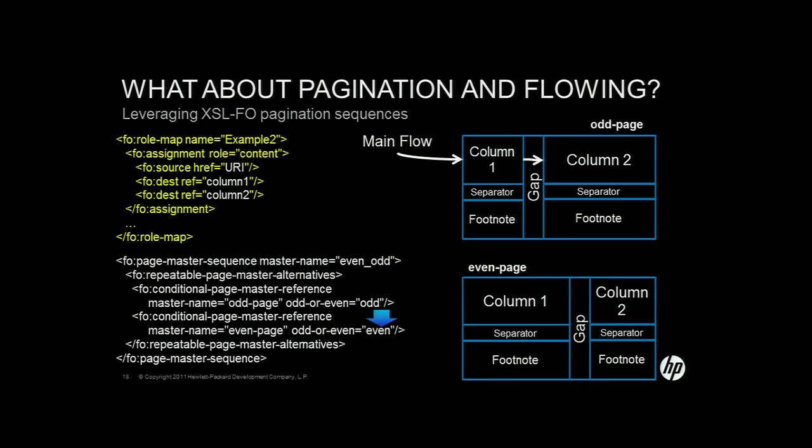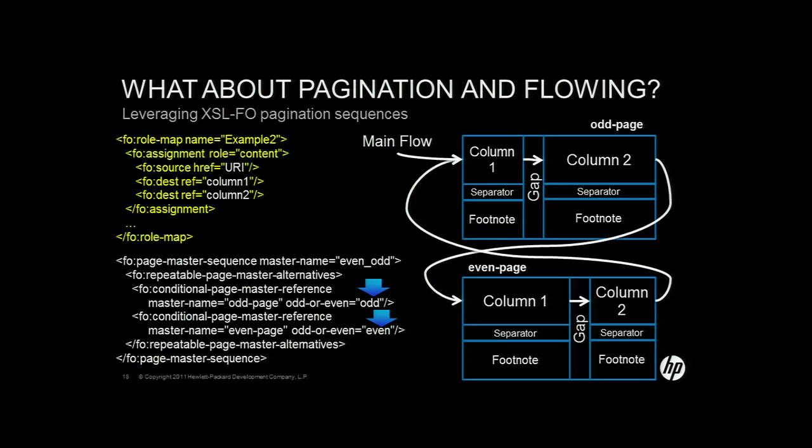And so I will continue on column 1 from column 2, and then again, column 1 to column 2. When I end up here, the next page is again an odd page, and the role map is still the same, so I go back and continue on column 1. And I will continue until I have no more content to render. So this is the way XSL-FO pagination works, and it can be applied, as you can see, to any document really. I can define a description of this type.